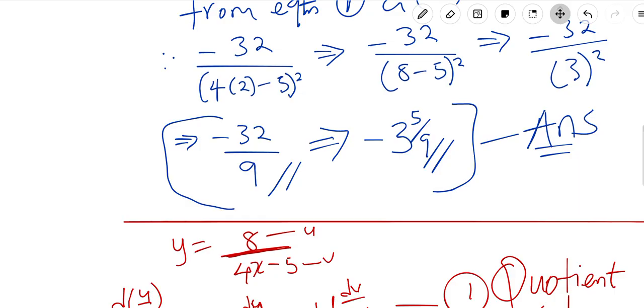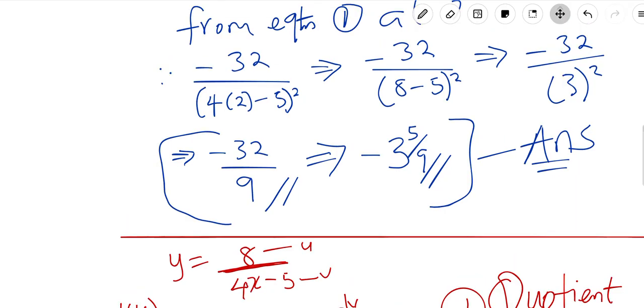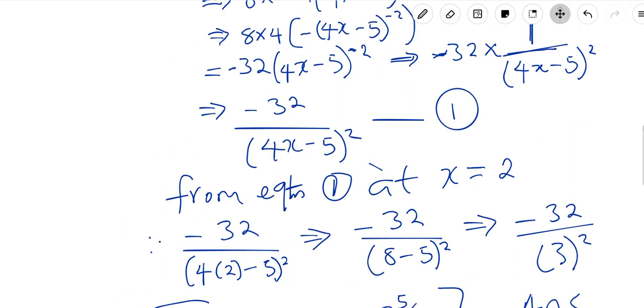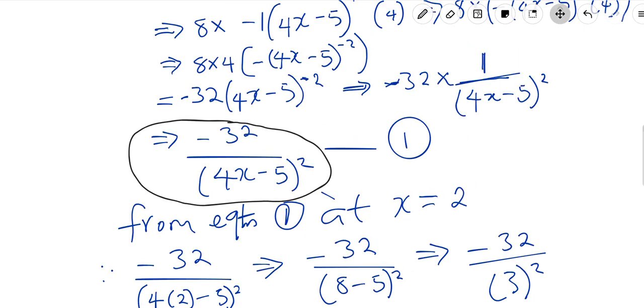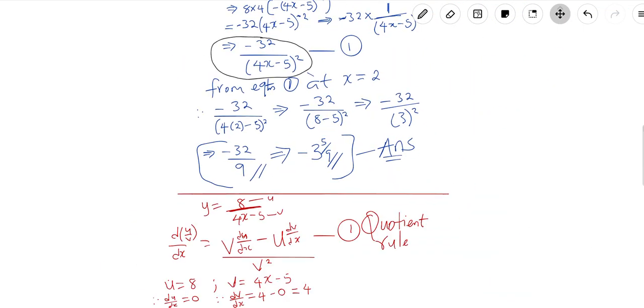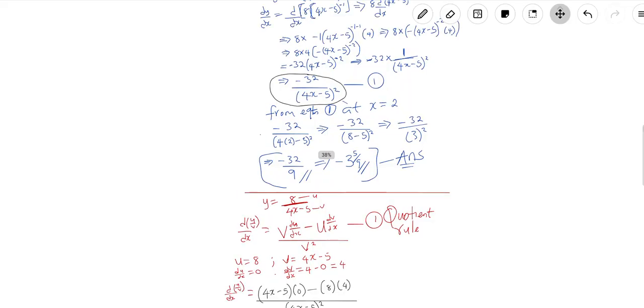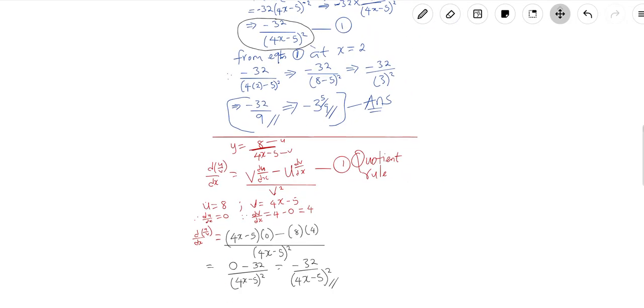So you can see that what we arrived at before from using the chain rule, we had the same thing here. And then when we used the quotient rule, we also see we arrived at the same value.